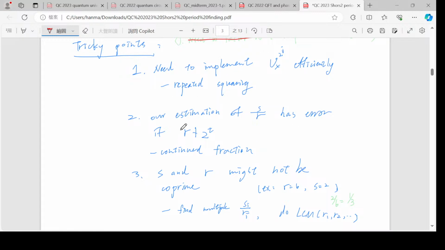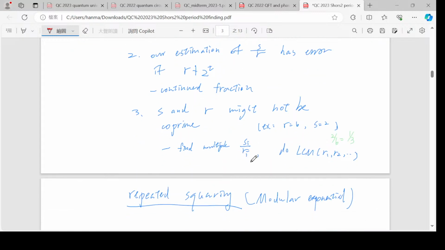The second is we need to deal with the error in phase estimation, and we use continued fractions to actually get s over r. And thirdly, when we get s over r, we actually get some s_i over r_i such that this r_i is not really r, and then we find the order by taking the least common multiple between different r's, and you have a very good probability of getting the order just doing a few of these least common multiples.